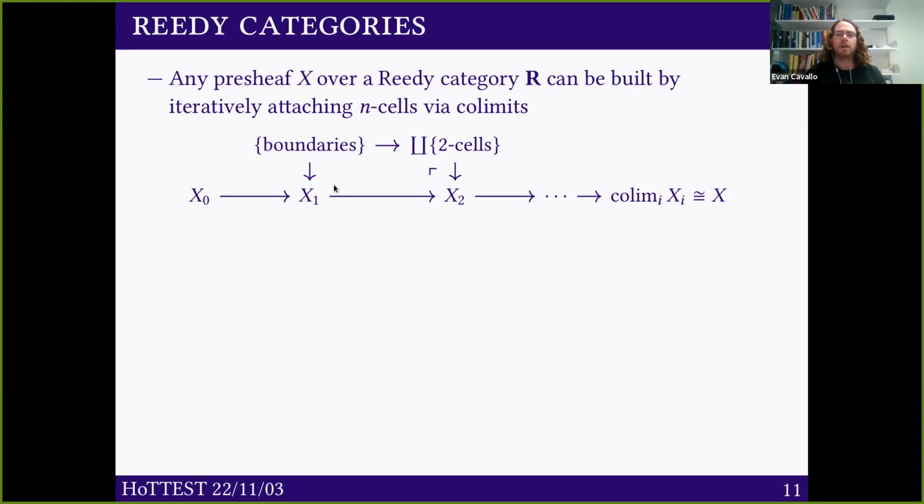And at each step, this added stuff can be described as a pushout of what I'll call a cell map, which is gluing on a bunch of n-dimensional things along their n-1 dimensional boundaries.